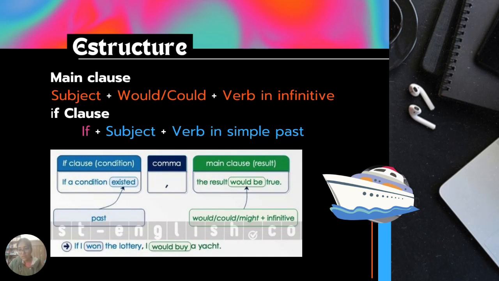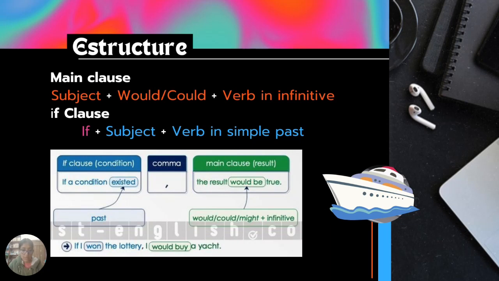The main clause that expresses the result can be modified by introducing modal verbs depending on the context. If clause: its structure is if plus subject plus verb in simple past.